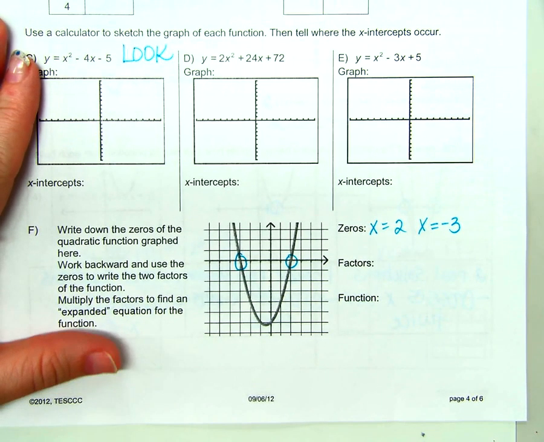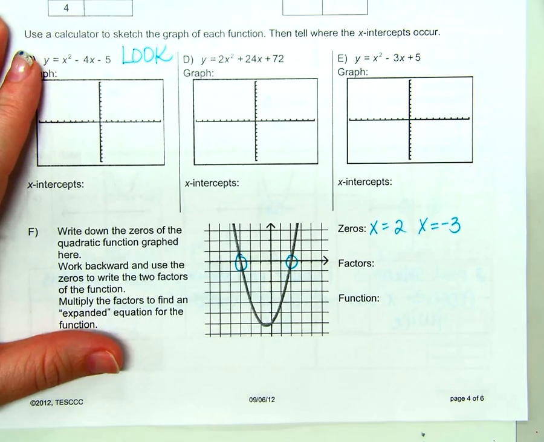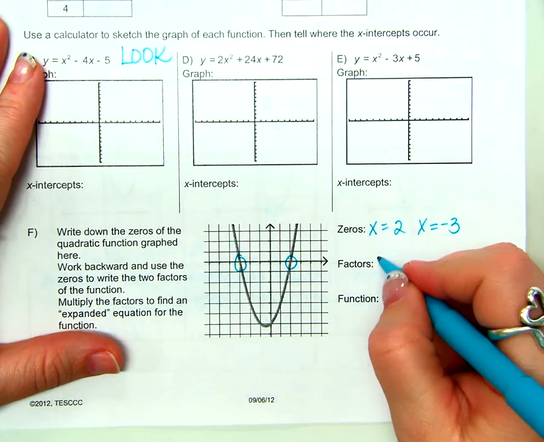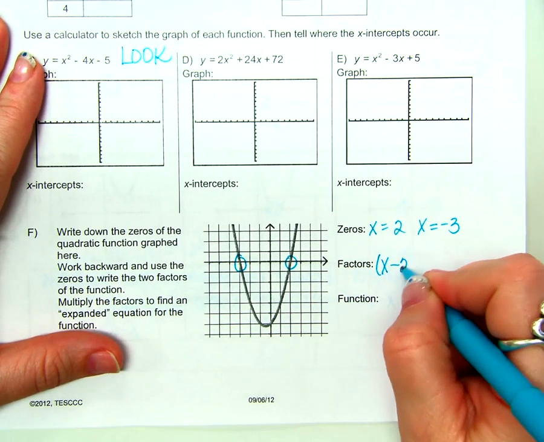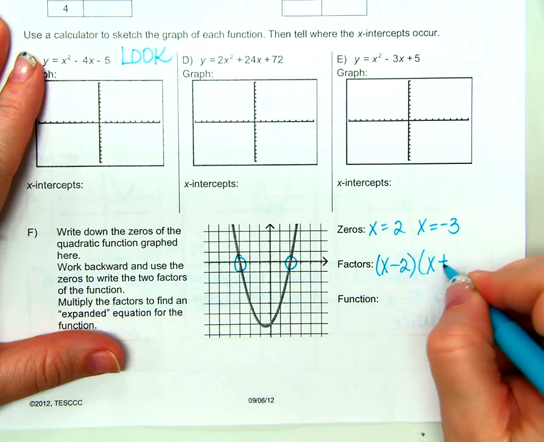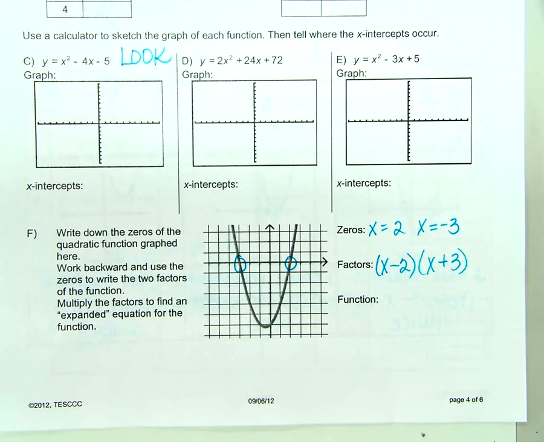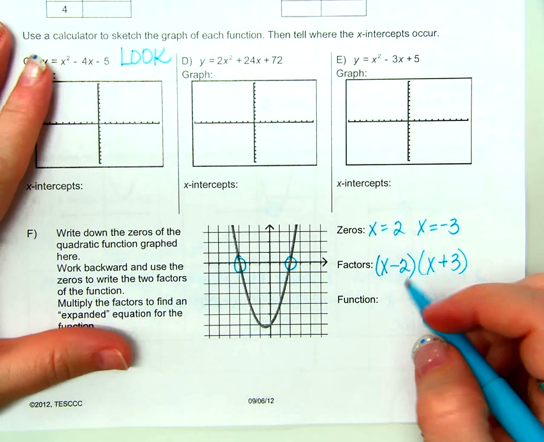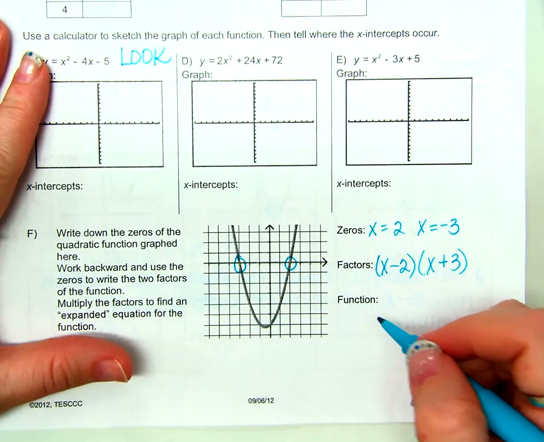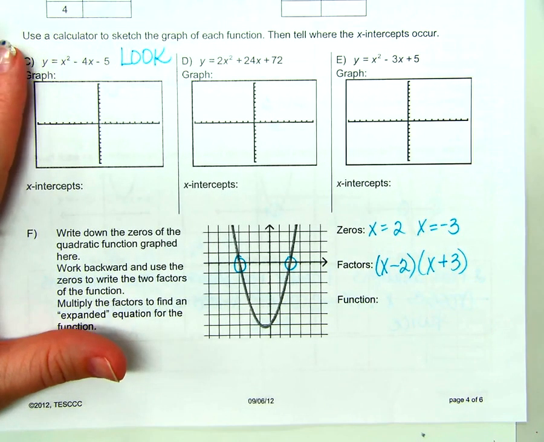What are the factors? x minus 2 and x plus 3. You okay with that? Good. Several of you said it out loud, so I know you're understanding. There's quite a few around the room, so please help your group mates.